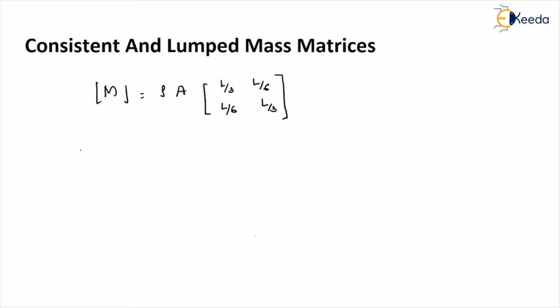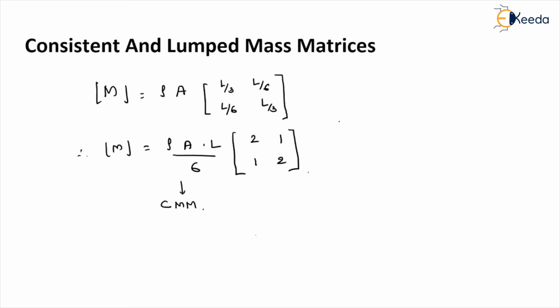So now if I am taking the L by 6 common from this matrix, so rho into A into L divided by 6, we have 2, 1, 1, 2. So this is my CMM, consistent mass matrix, and that's how it is derived.